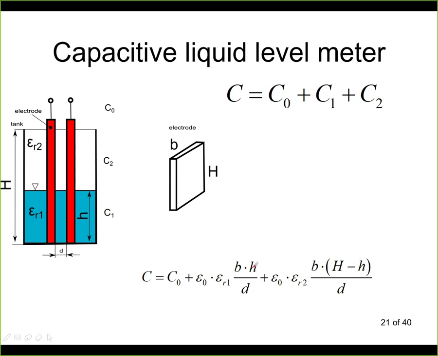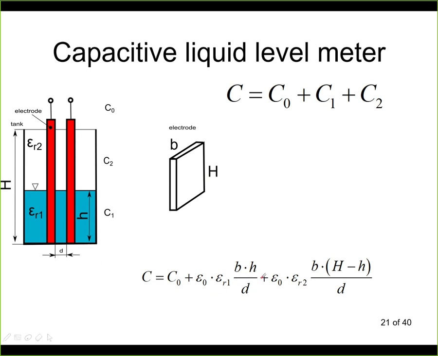Here you see the height and the B and D. D is the distance between the electrodes now, and B is the width of the electrode, and H is the height, the total height of the electrode, so the total height of the tank.